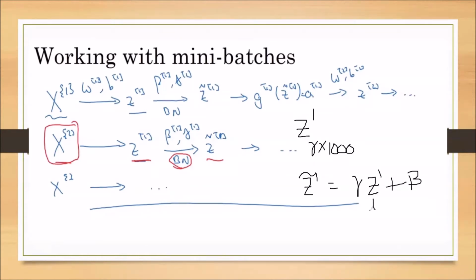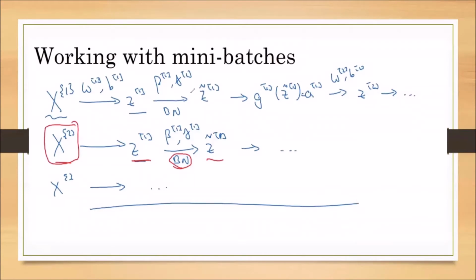The Z superscript 1 matrix size is R by 1,000, and the gamma matrix size is the same, R by 1,000. Here we are doing element wise multiplication, and then adding beta. The beta matrix is also R by 1,000. So finally we get an R by 1,000 normalized Z matrix.